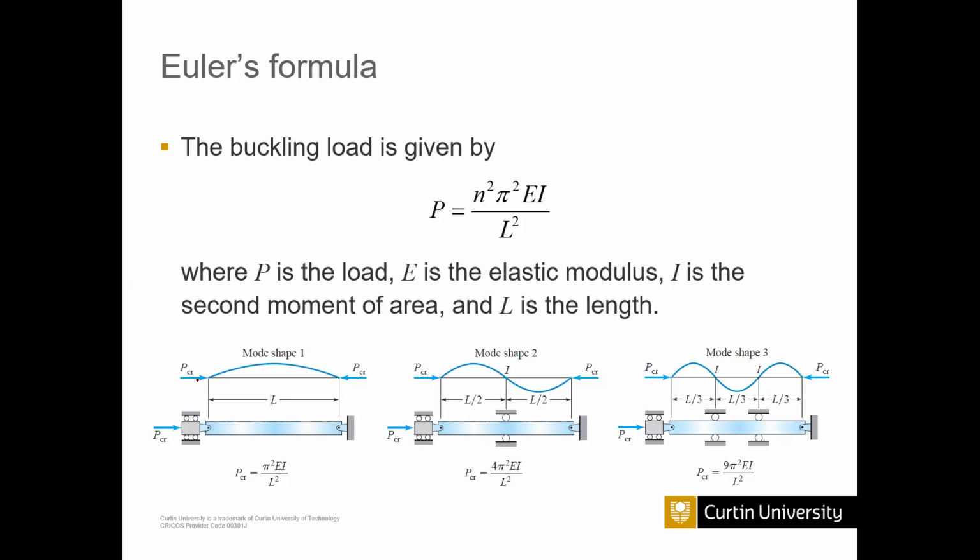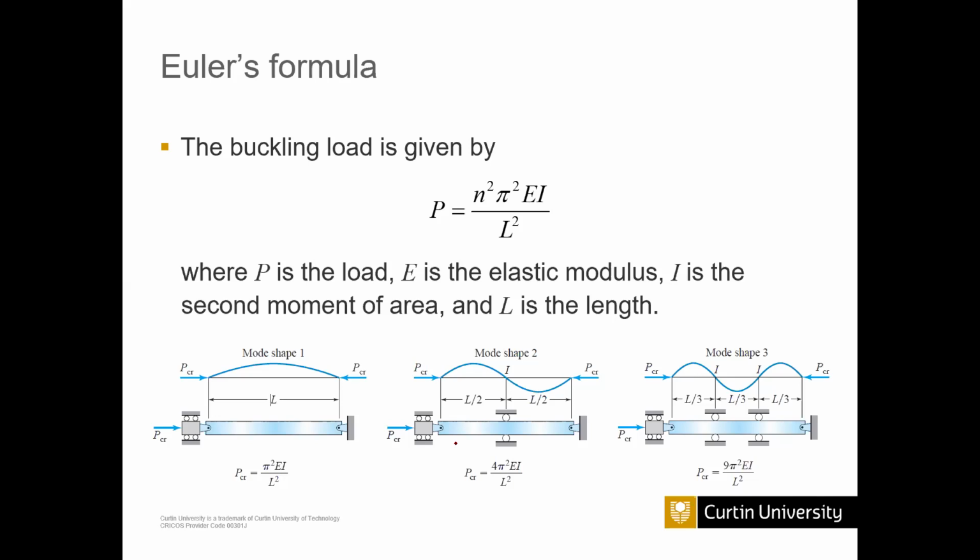So the two free ends normally give a loop like this. But if we have the two free ends and the midpoint, the mid span of the column, fixed somewhere so it can't move anywhere, then you will get this kind of shape.